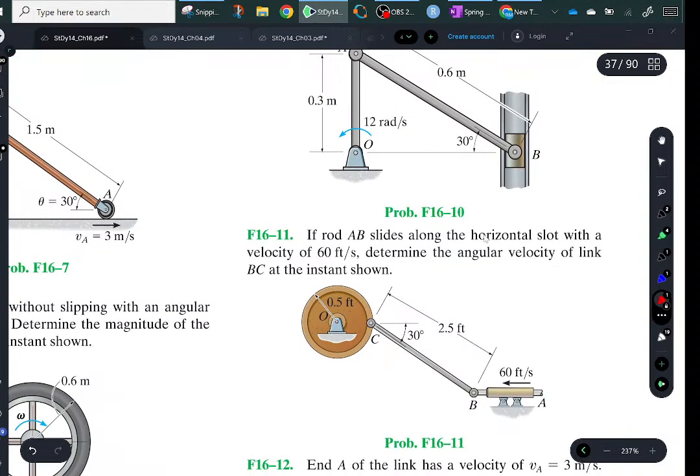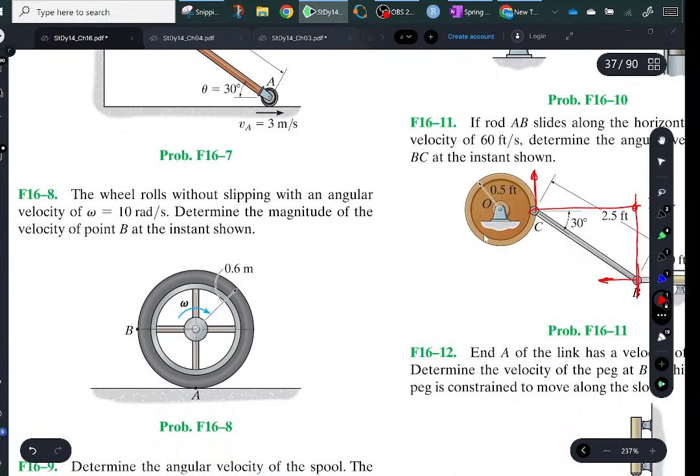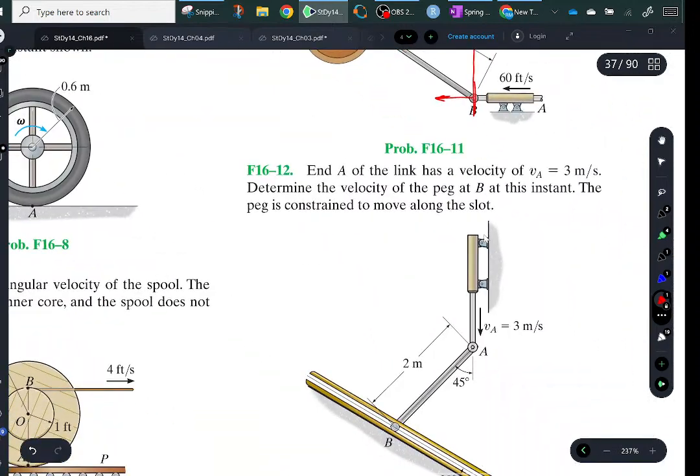Okay, so this one, let's see. I'm looking at it. So here, I'm just going to identify the instant center. This goes this direction, and I know that's got to go that direction. So if I draw a perpendicular, I'll get that being the instant center. Well, that's okay, but that's not really that great. That one's really boring.